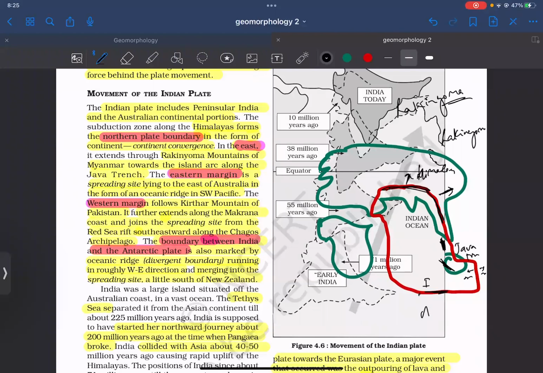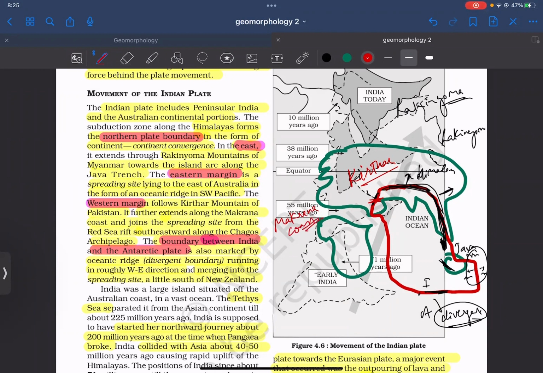Over here also it has a divergent boundary. Divergent boundary over here, but over here it has a convergent boundary because mountains are formed. Then the western margin, over here it has the Kirthar mountains of Pakistan, right? Then it moves along the western coast of Iran, the Makran coast.